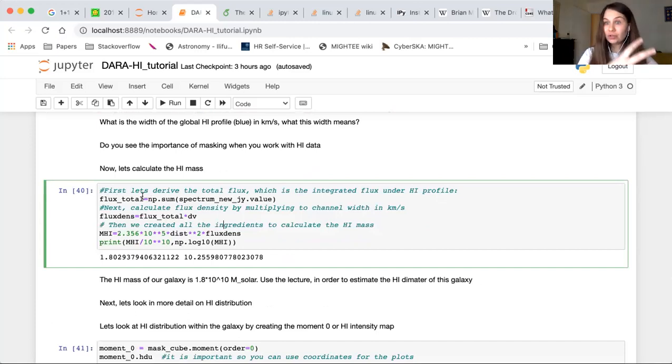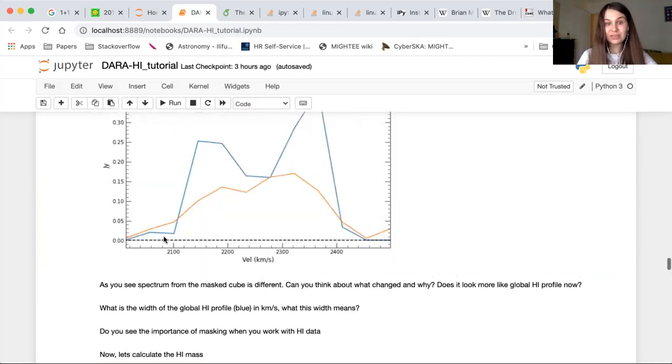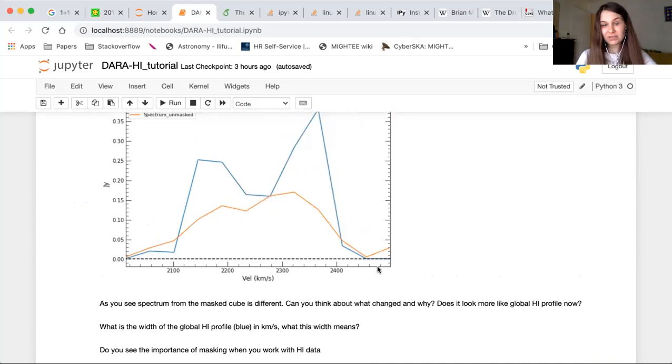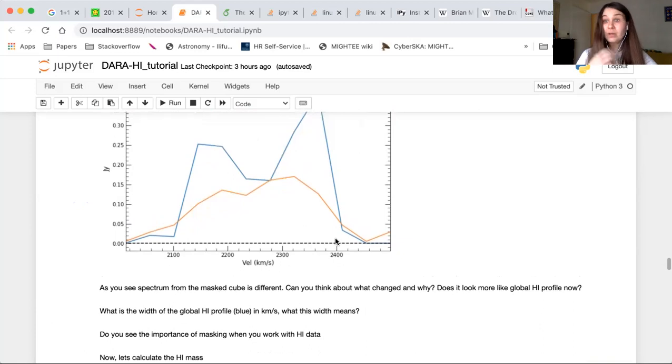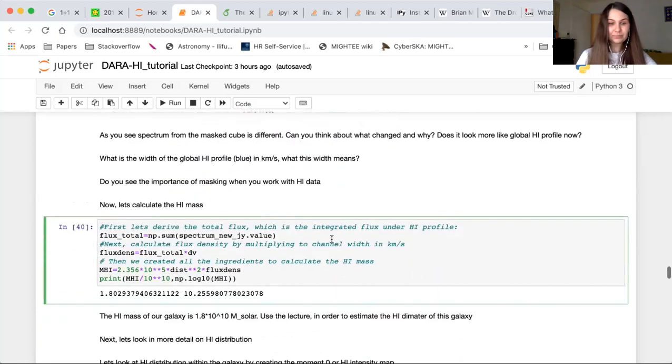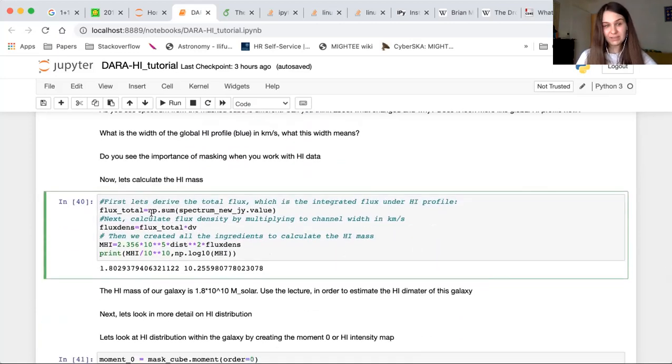It will be the total flux of our source. Here we have flux as a function of velocity, and if we integrate under this blue curve, we will have total flux. So total flux is basically a NumPy summation where we sum up all the values of this new spectrum.